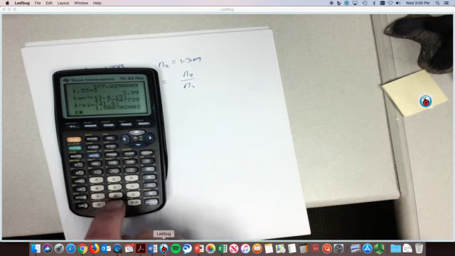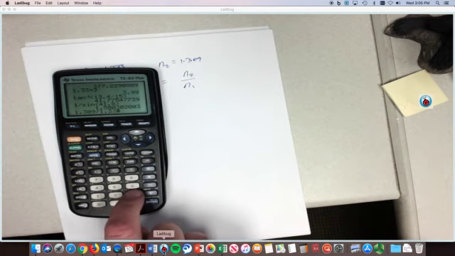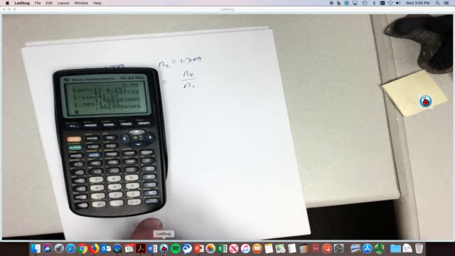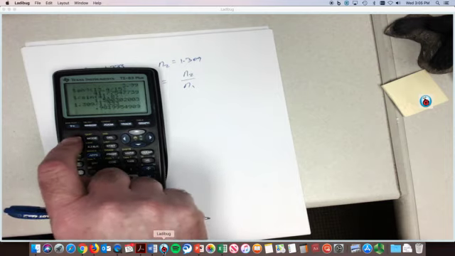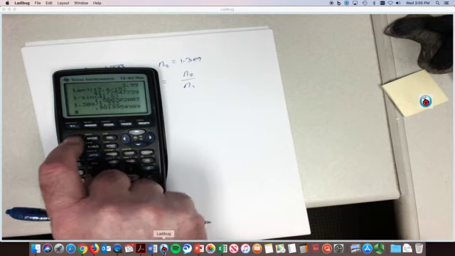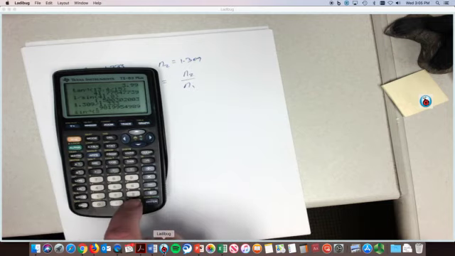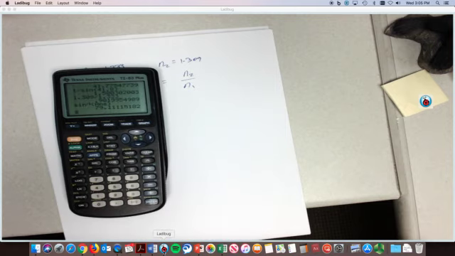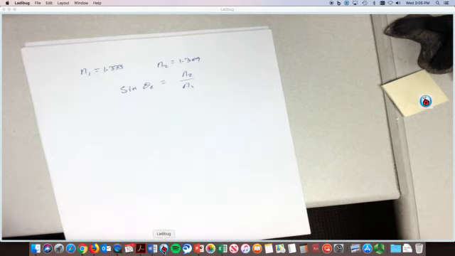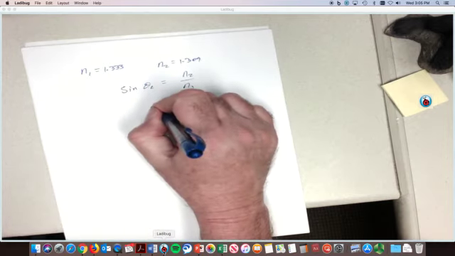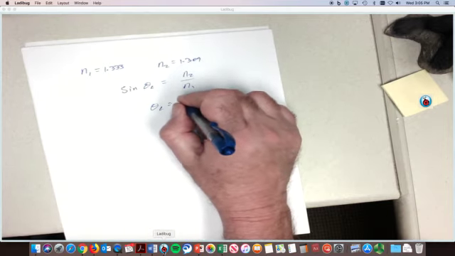So I'm going to take 1.309 divided by 1.333 and get that. Let's take the inverse sine of that answer. Woo! Critical angle is 79 degrees.